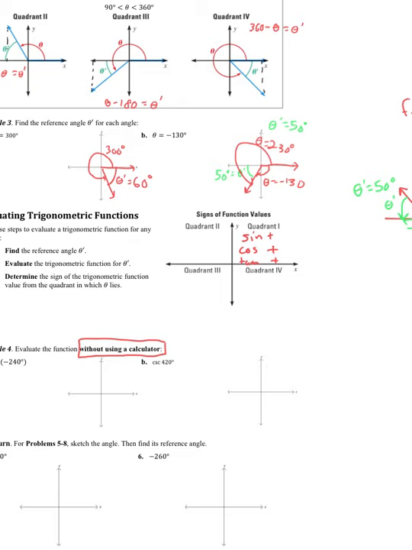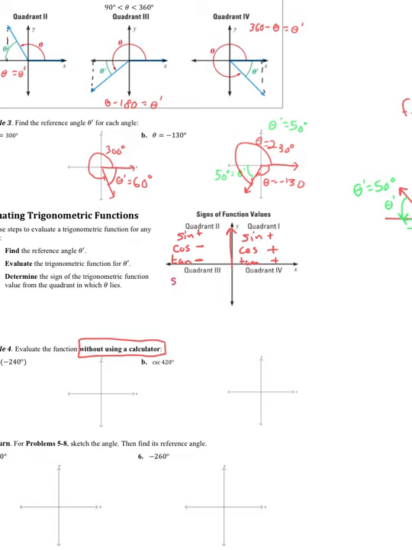In quadrant 2, this is why I changed from sine to cosine. Sine's still going to be positive because I'm still going in the positive y direction. Cosine is going to be negative in quadrant 2 because I'm on a negative x-axis. And tangent is also going to be negative because I have a positive y divided by a negative x.